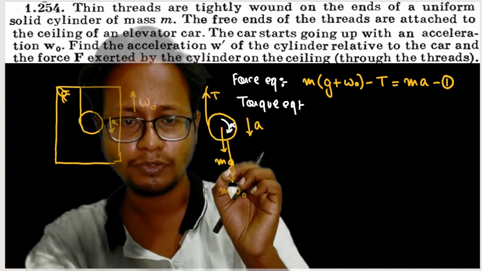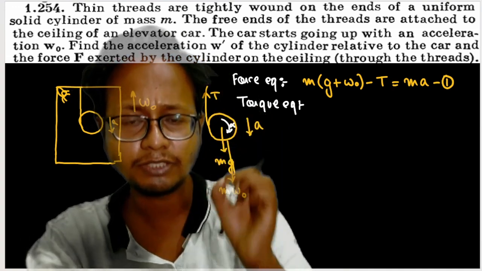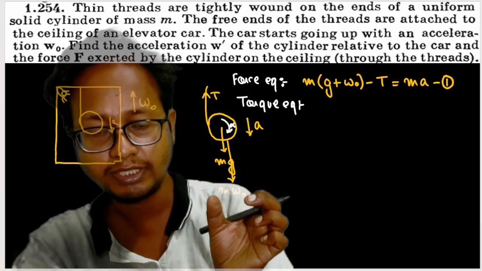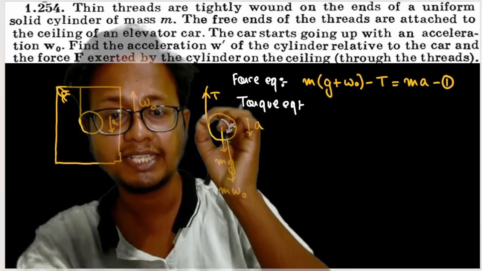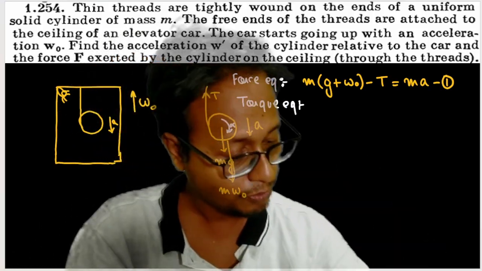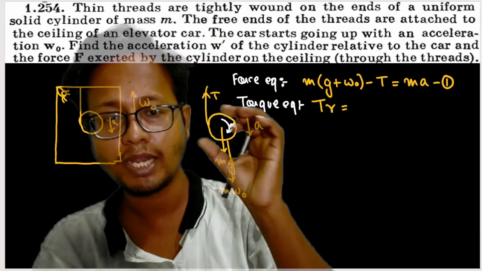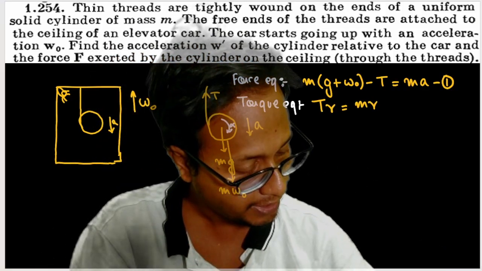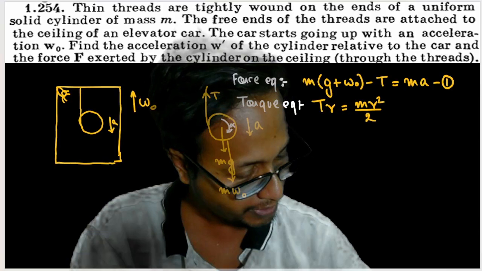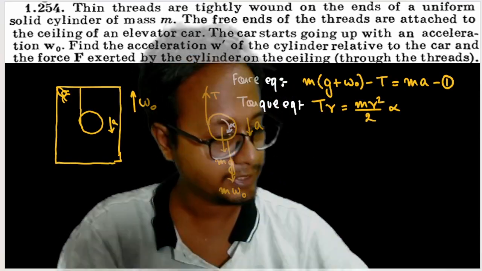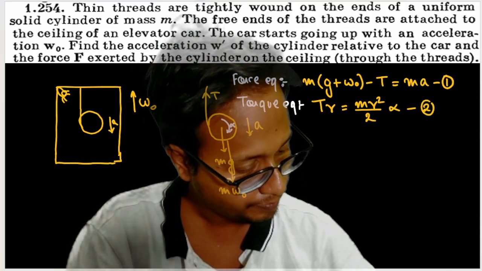What is the torque due to the mg force? 0, because the mg force passes through the center. Similarly, the torque due to this pseudo force is also 0. There exists a torque due to the tension force. So the torque due to tension force is T into R, which is equal to I alpha, where I is the moment of inertia of the cylinder through the center, m R square by 2, into alpha. This is my equation number 2.